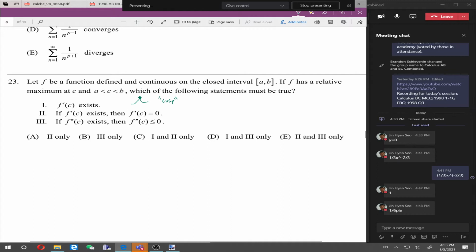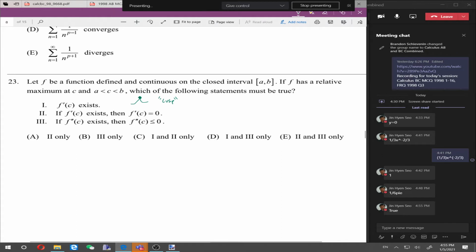Our function is defined, it's continuous, f has a relative maximum at c, and the derivative exists now. Okay, so this is true. You're right. As long as our derivative exists and we have a relative maximum at that point, then the slope must be 0. By definition of a relative maximum, our derivative would be 0 if it exists.